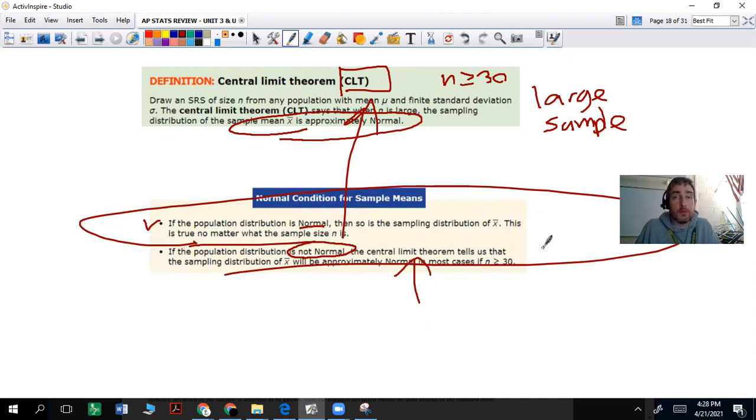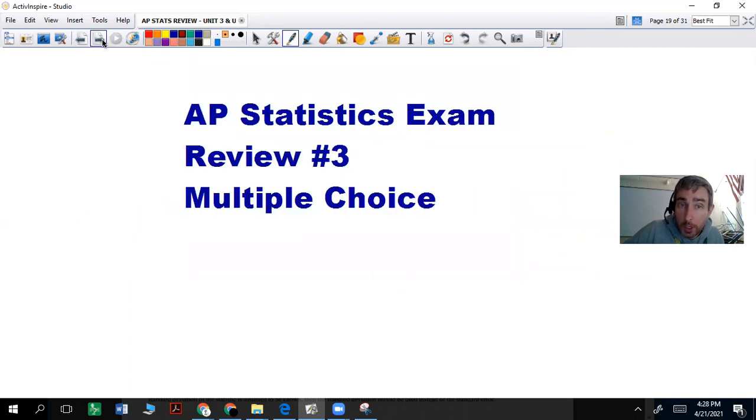You can have a sample size of 10. But if you've got skewed data with a large sample, you're good. If you've got skewed data with a small sample, it's not going to be normal. And that takes care of our sampling and sampling distributions. So now you can try the multiple choice questions, and you can check the video for that, or wait for class to go over it. Thank you for watching.